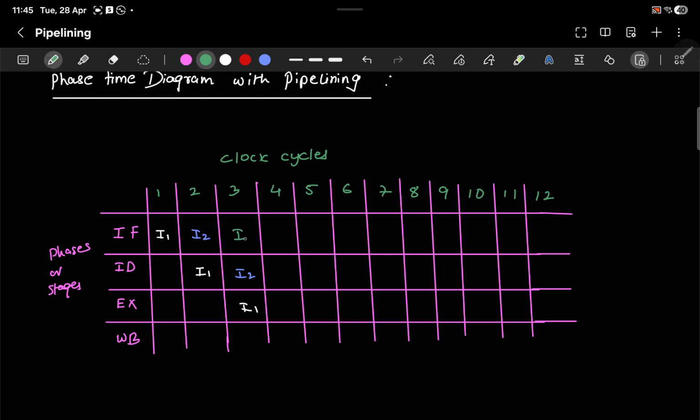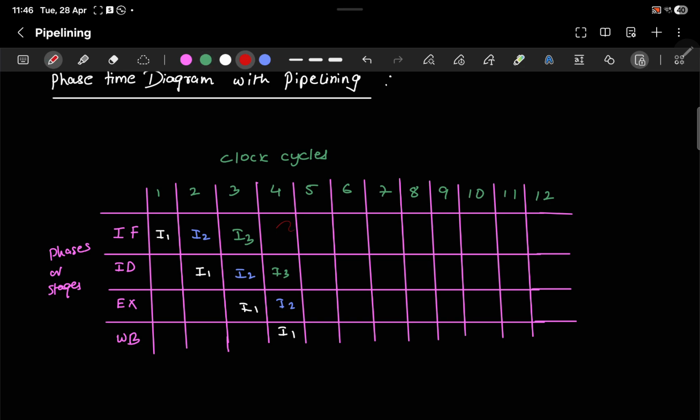So I am going to fetch I3 now. Now at the fourth clock, I1 is at the write back phase, I2 will move to the execution phase, and I3 will move to the decode phase. And you can clearly see that the fetch phase is empty.